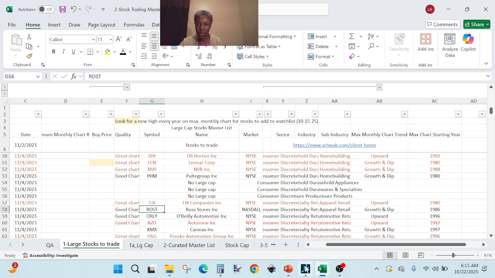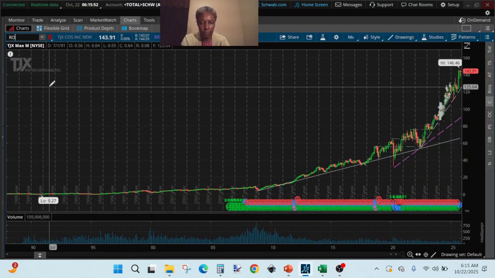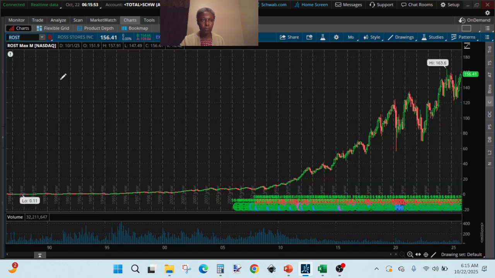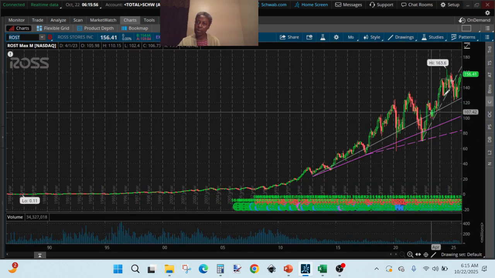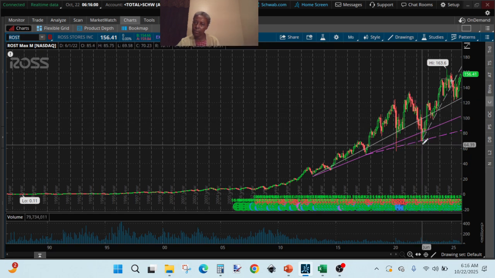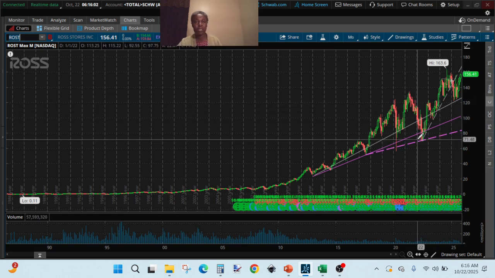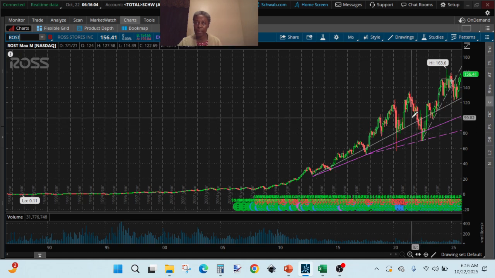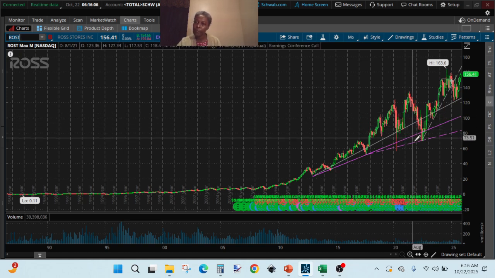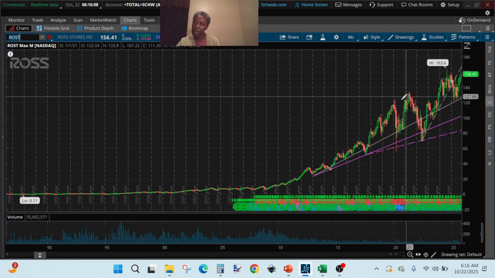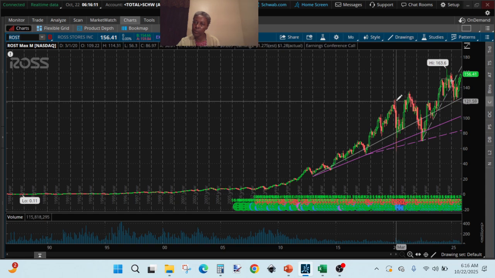We have ROST. And ROST is uptrending as well. It can really come down. It's not steep the way the TJX was. But let's take a look at it. So it reached a new high here compared to this one.